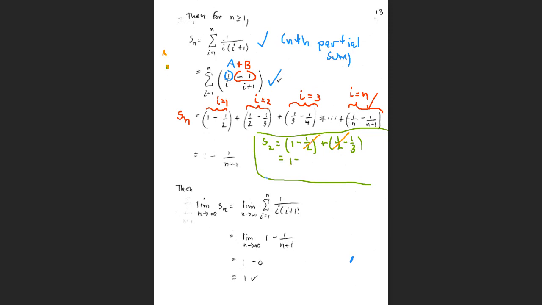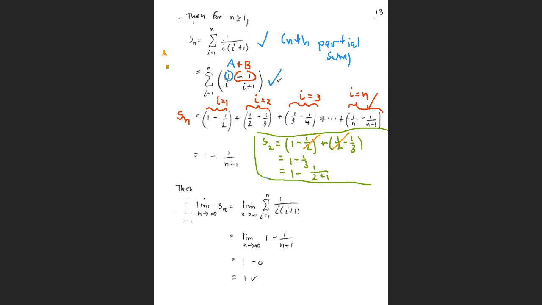So 1 minus a third. Now that equals 1 minus 1 over 2 plus 1. So the second partial sum equals 1 minus 1 over 2 plus 1. Okay. If we look at the third partial sum, I think I can fit it here.